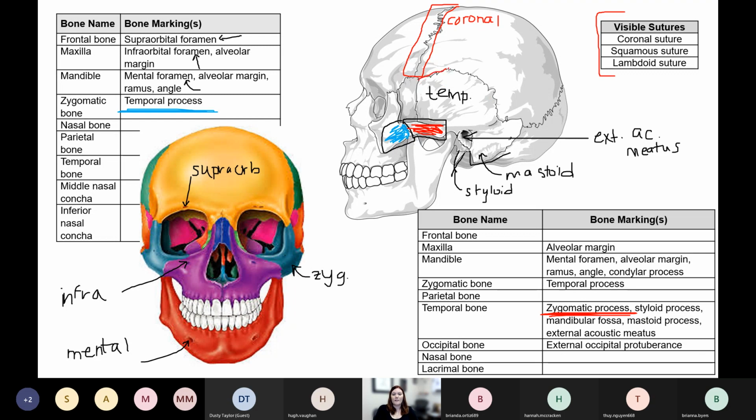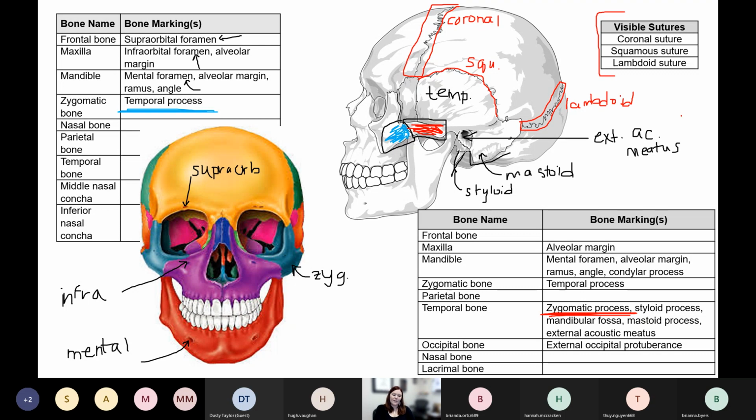Next door to it, dividing the temporal bone from the parietal bone, is the squamous suture, because it's squiggly on the side. And in the very back, we've got a suture called the lambdoid suture.